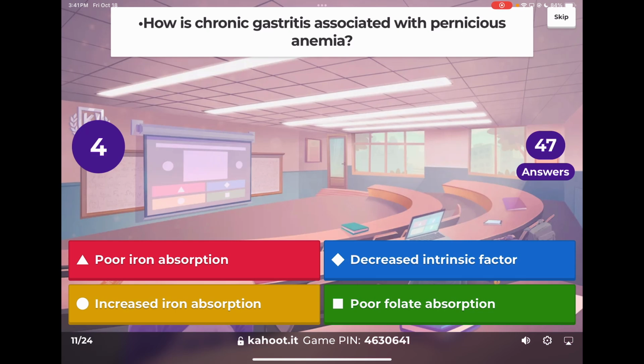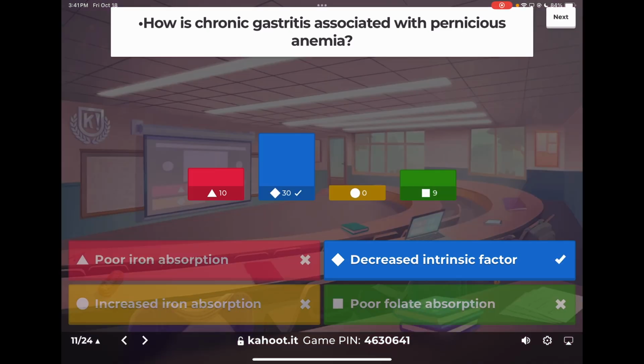What are you not producing or deficient in production of? Intrinsic factor. Intrinsic factor is the problem. Okay? So remember, it's made in the stomach, but where is it reabsorbed? Terminal ileum. But it starts in the stomach. So gastritis can cause pernicious anemia due to decreased intrinsic factor.